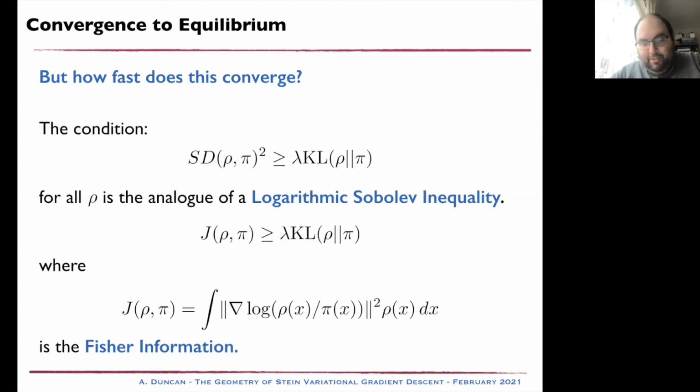If that holds for all rho, then we say that pi satisfies a logarithmic Sobolev inequality. Just to be clear, this is a property of pi. It's nothing to do with the algorithm which you use to sample. It's purely an intrinsic property of pi, which is determined by its curvature, how it behaves in the tails, etc. And J here is the Fisher information.